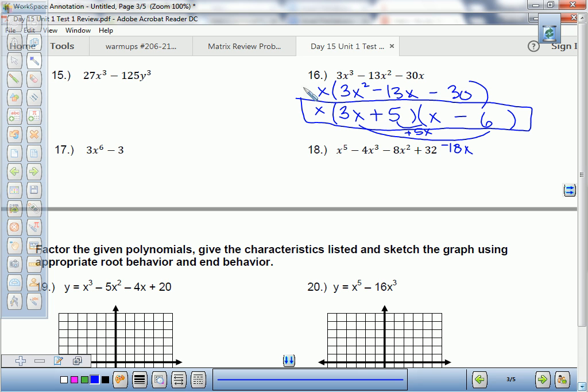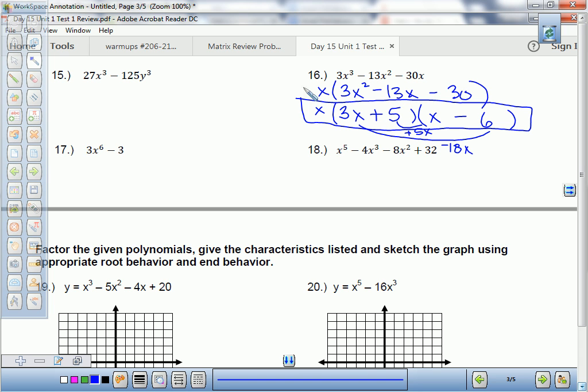Now this one, I'll have to admit, is a harder one to factor without a calculator. I think the easiest way is the trial and error method, because this is a 3. The only way to get 3 is 3 times 1.